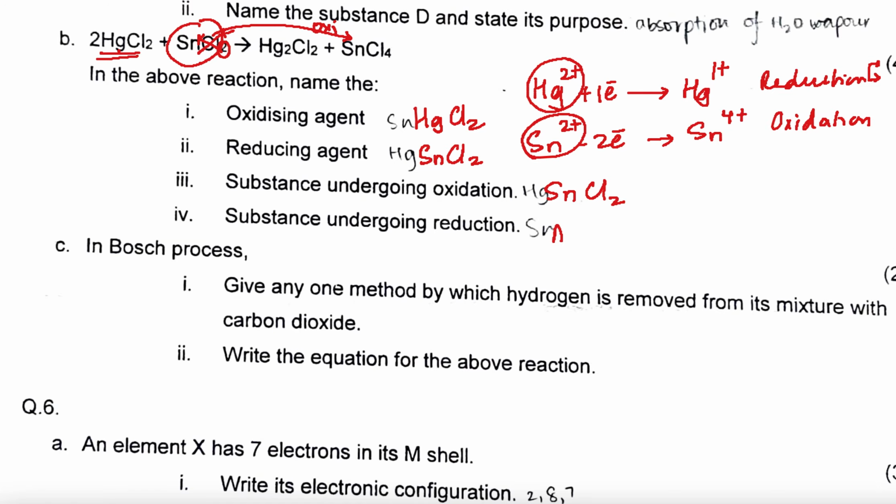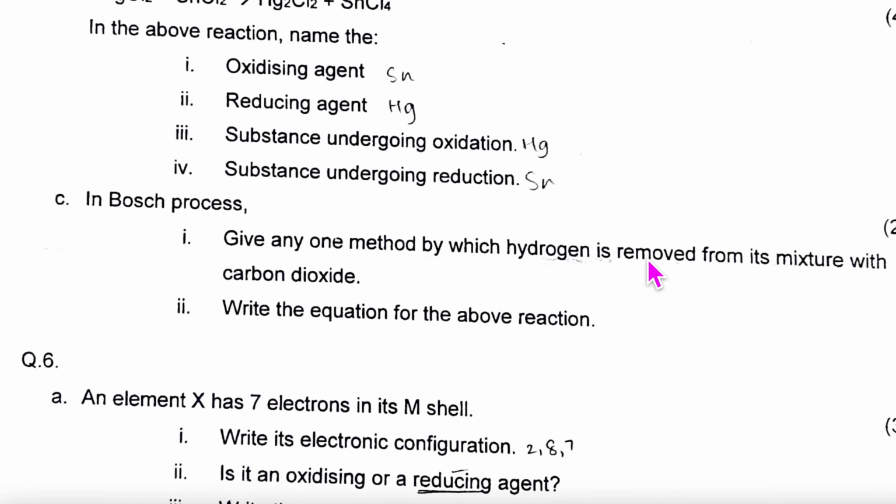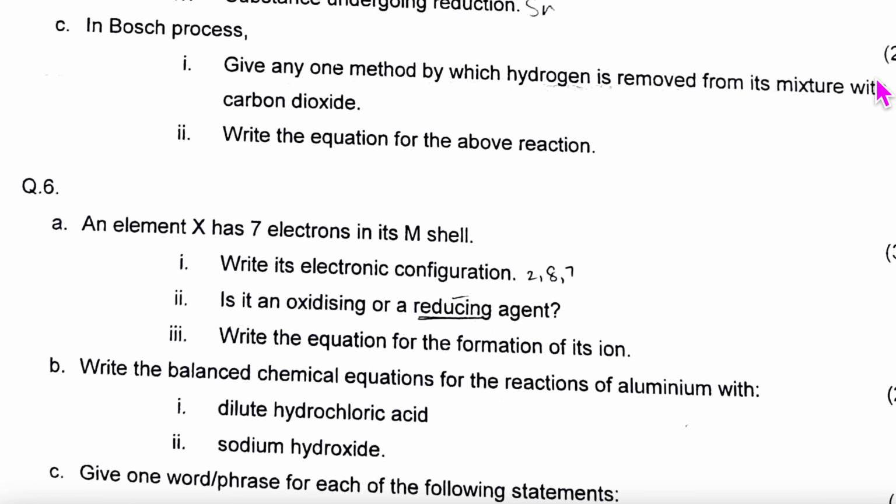Instead of Hg, I wrote Ag now. Now these are the important questions. They can ask you different questions based on this. I have given you in this question bank. Okay? In Bosch process, you can do this on your own. These are learning questions. Let us look at 6.